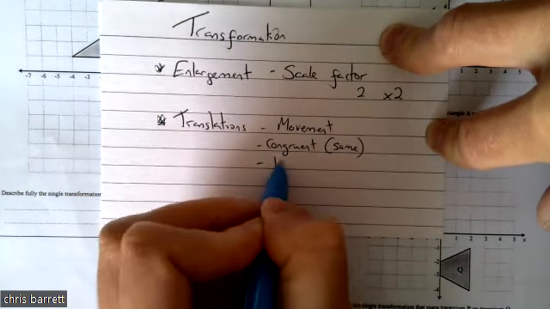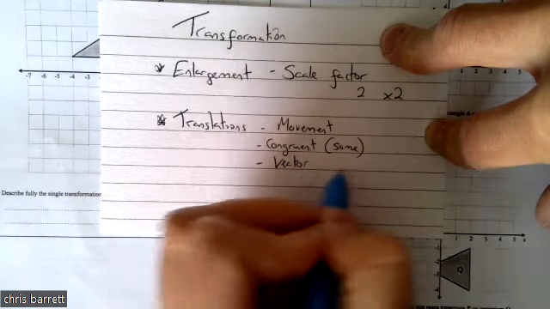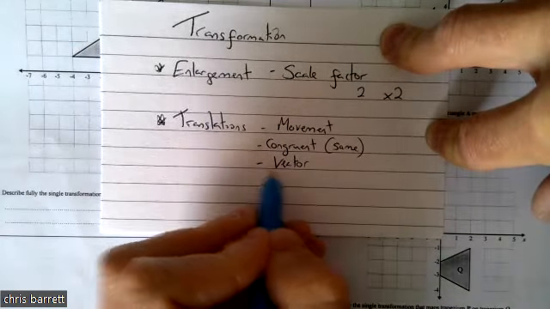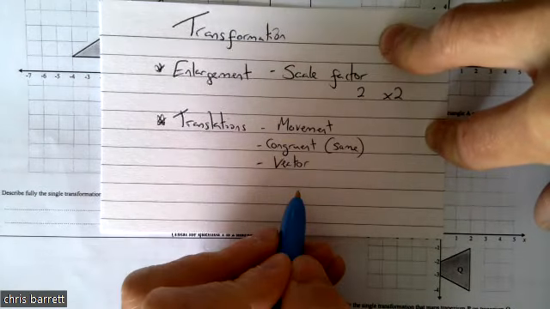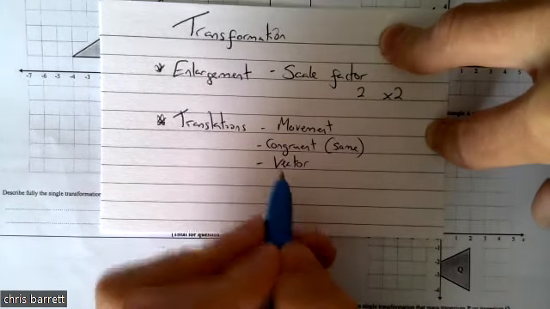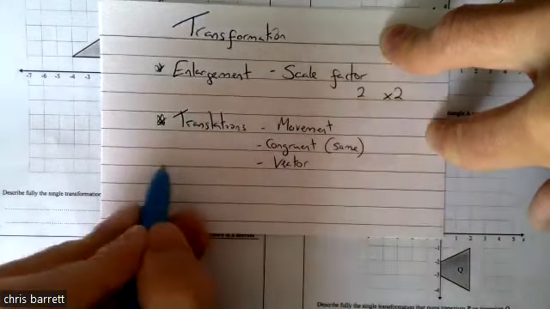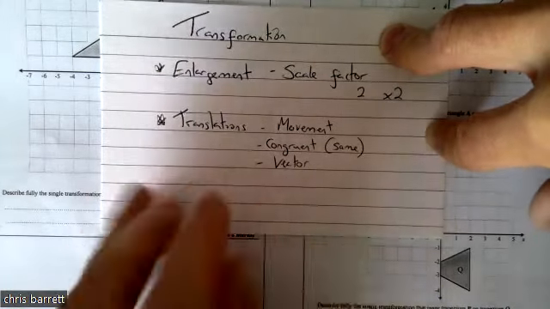Off of there, we can get a vector to be able to describe them, but we can also talk about right, left, up, down movements as well. Words that we shouldn't be using is like across, because across is like, well, which way are you going?